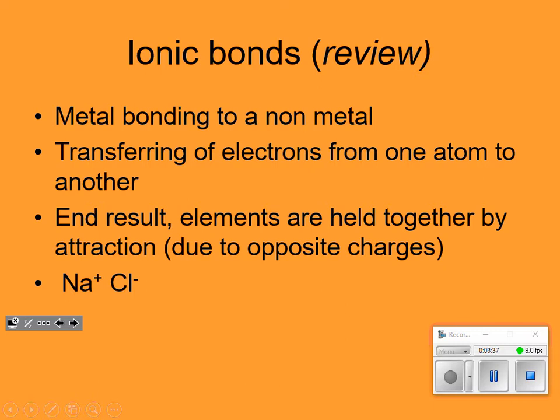Just as you saw in the activity at the lab benches, what holds these things together then is they have opposite charged particles. Na plus, Cl minus. That is the simplest example of an ionic compound.